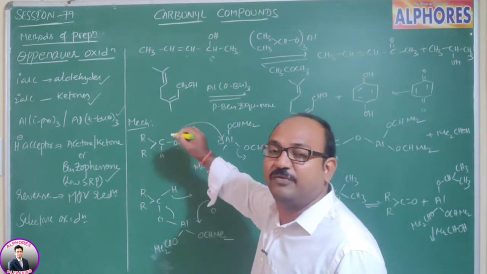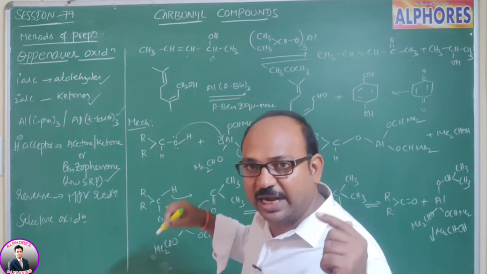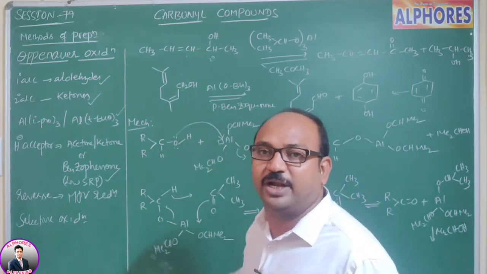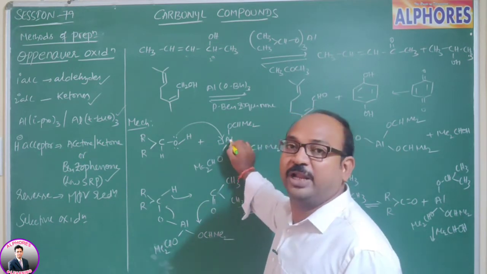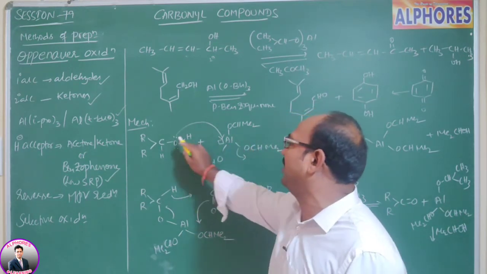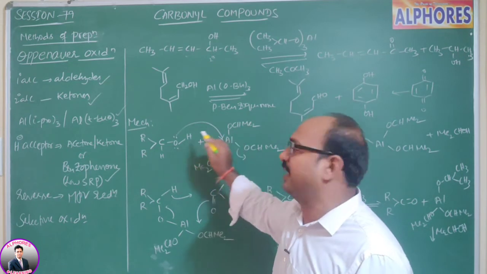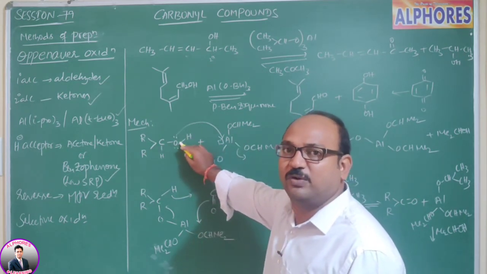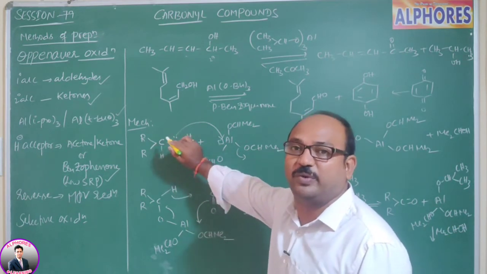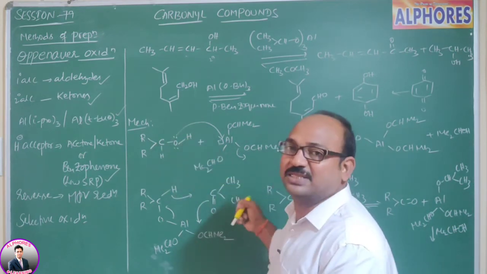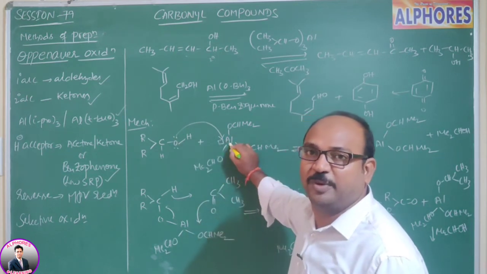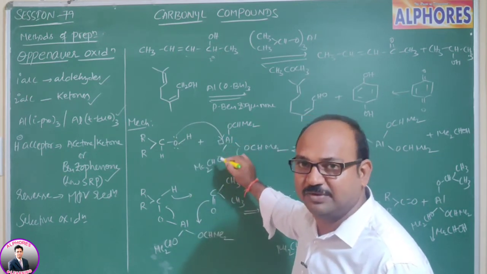The alcohol which undergoes oxidation donates the lone pair on oxygen to the vacant orbital of aluminum. As a result, a new bond forms between oxygen and aluminum. Further, this oxygen bears a positive charge. To compensate, the OH bond electrons shift towards oxygen, so H plus comes out, and aluminum acquires a negative charge.